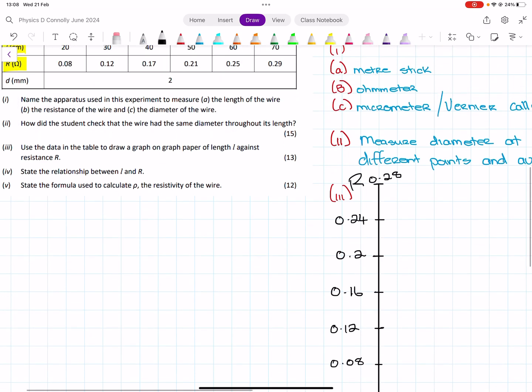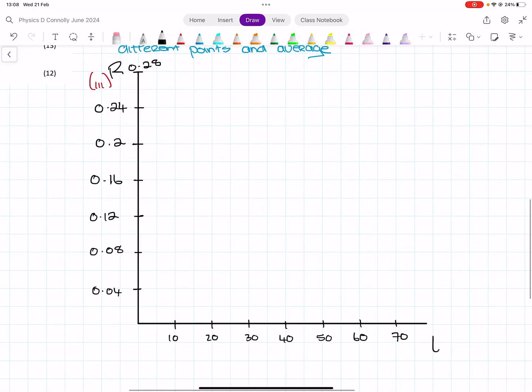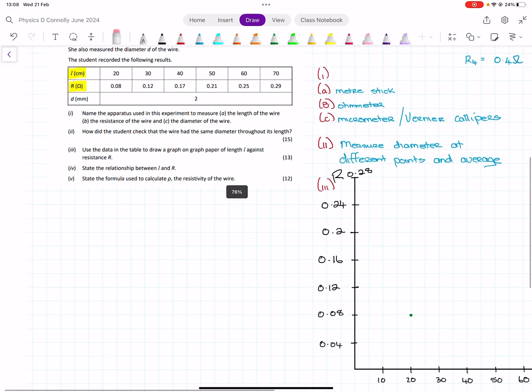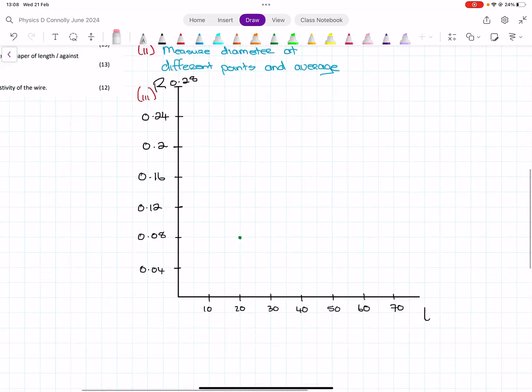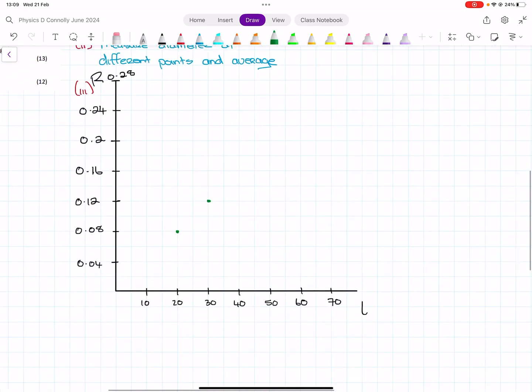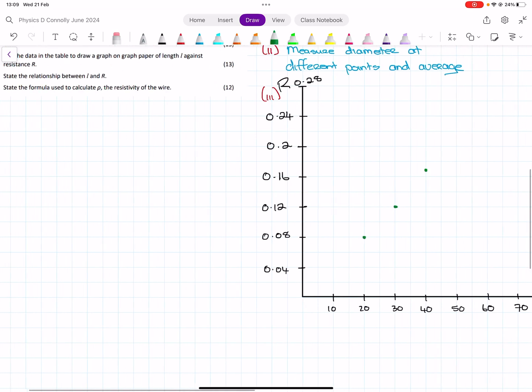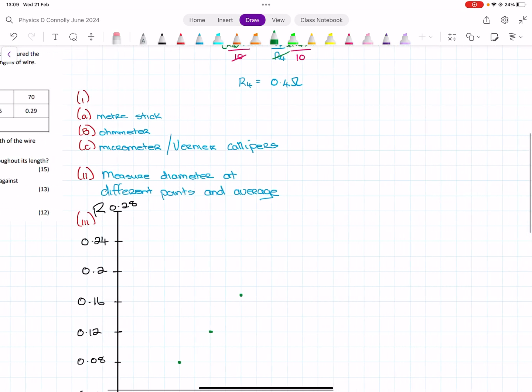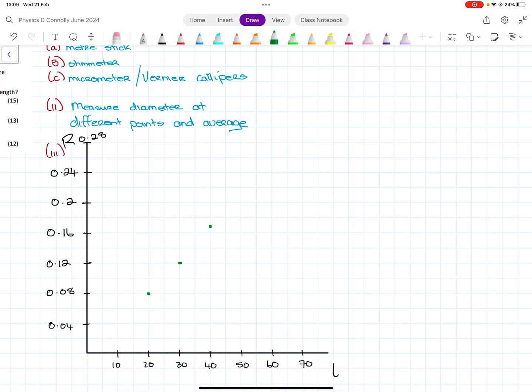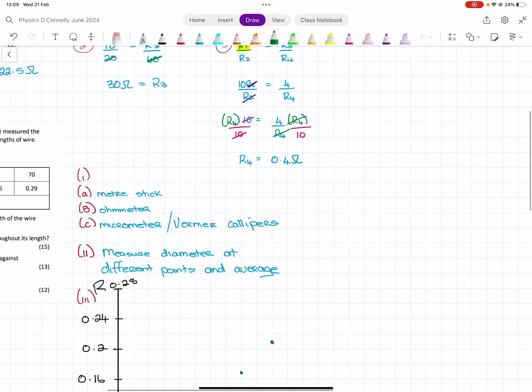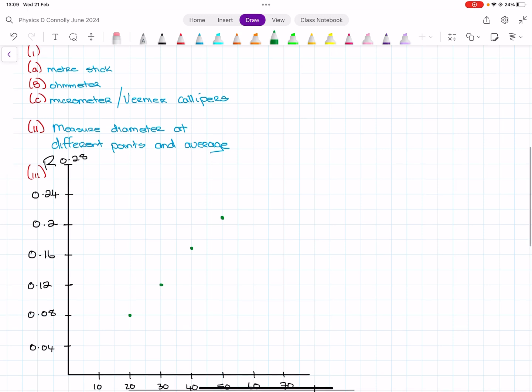Okay, so 10 with 0.08 is there. 30 with 0.12, there. 40 with 0.17, so there's 0.16, so 0.17 is like there. 50 with 0.21. 60 with 0.25, so about there.